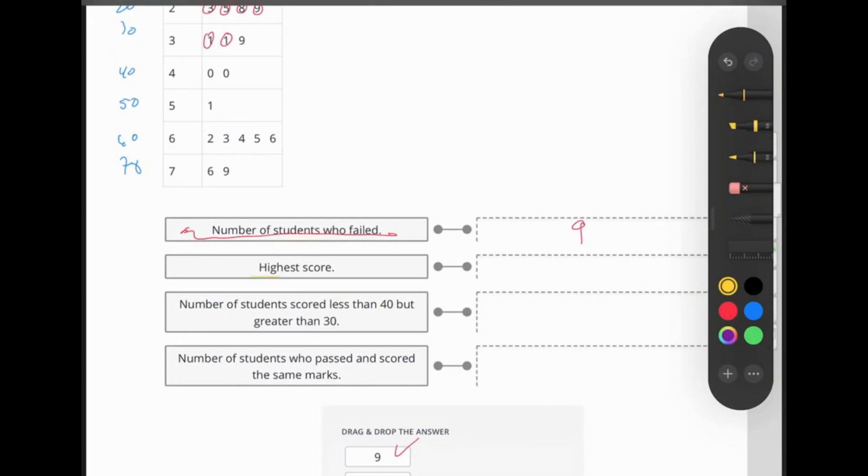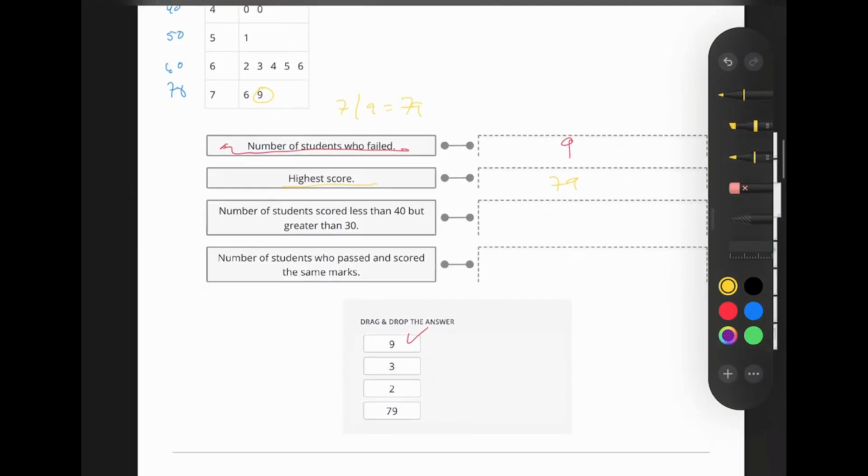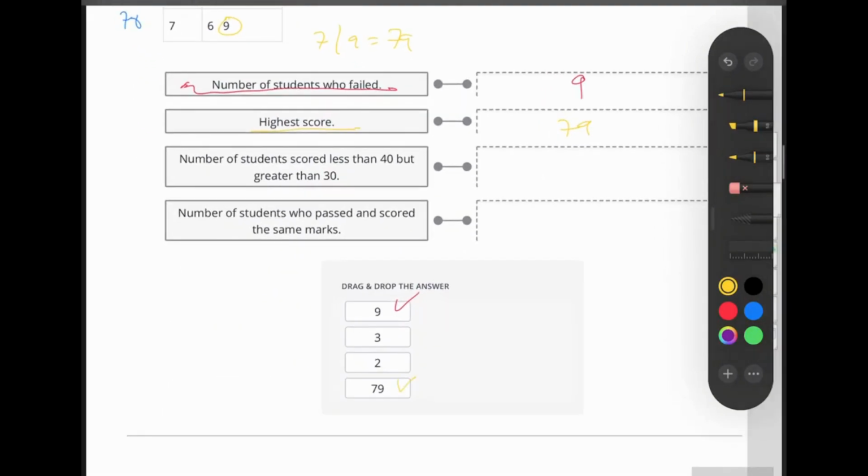Okay, what is the highest score? That would be a 79. And then the number of students who passed and scored the same marks. So really they're just referring to the word called the most or the mode.